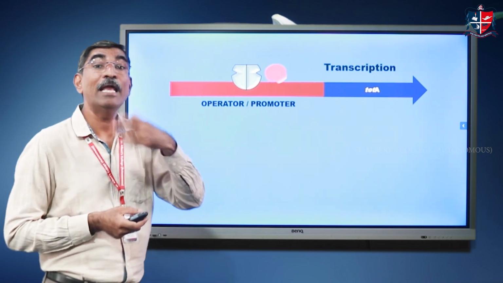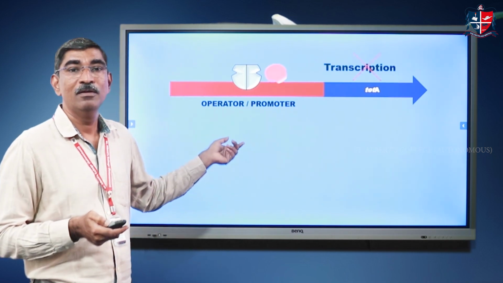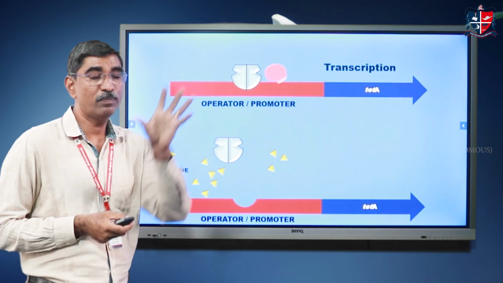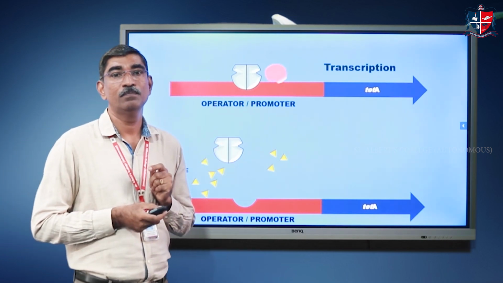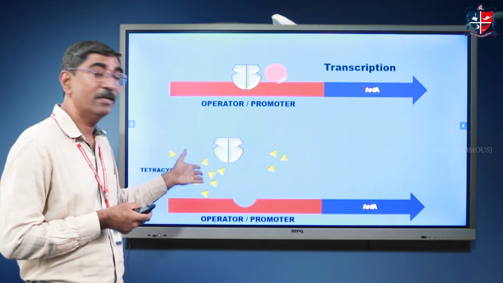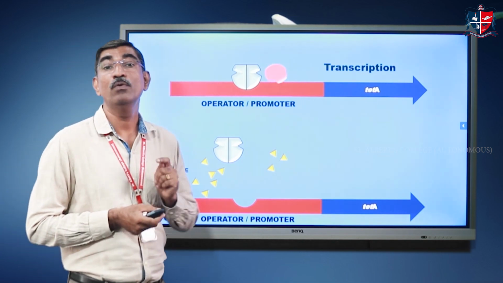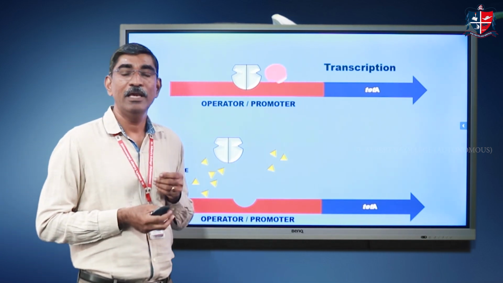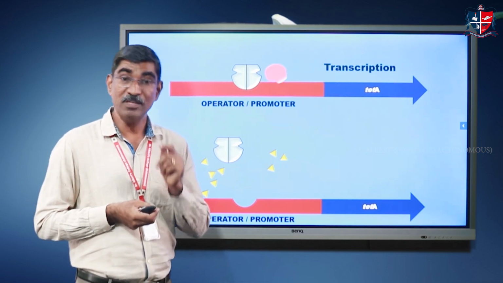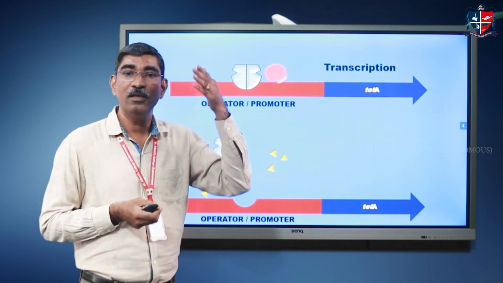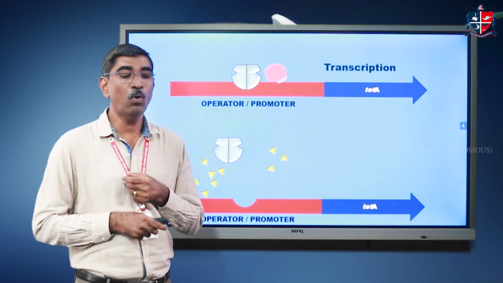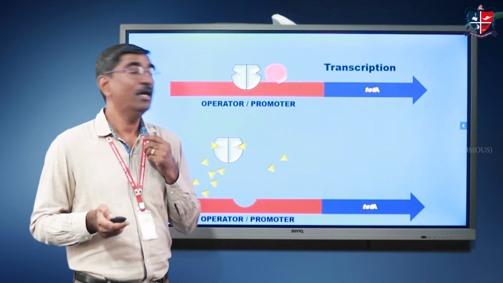Let us take another instance where there is tetracycline in the cell. We have provided tetracycline. Then you can see the repressor here. Along with that, you can see the tetracycline molecules also. And this tetracycline has a high affinity towards the tetracycline repressor. There are specific sites in the repressor for binding with the tetracycline, and this tetracycline will go and bind with the repressor.